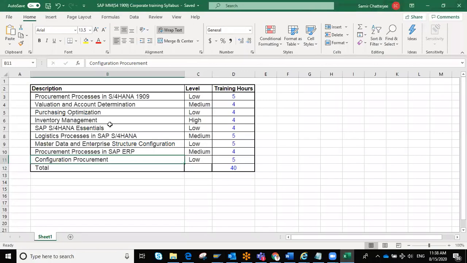We have some specific syllabus. This is the syllabus. Our objective is two things: to help for the clearance of the certification exam on procurement and sourcing module in S4HANA 1909. And the second objective, which is the most important, is that we shall help you to work as an independent procurement and sourcing consultant on the S4HANA 1909 latest platform.